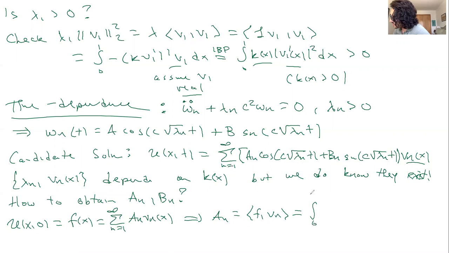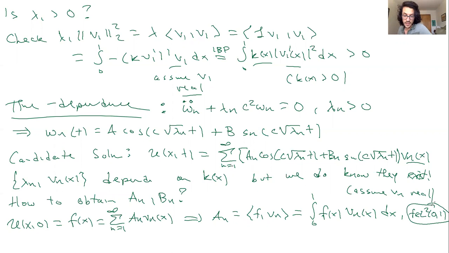This is equal to the integral from 0 to 1 of f of x vn of x, assuming vn of x is real. And we have a formula for all those coefficients, assuming that f is L2.